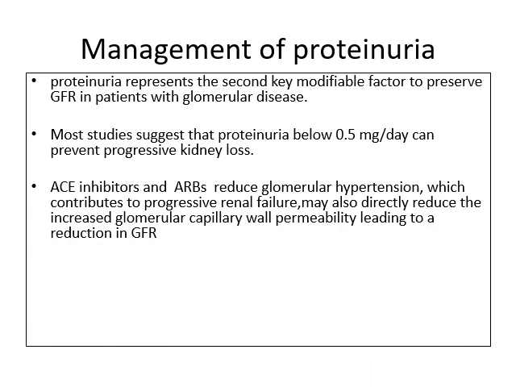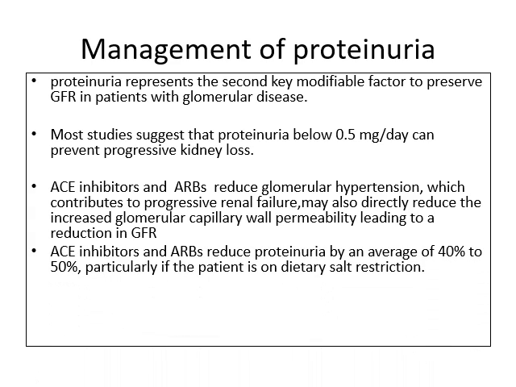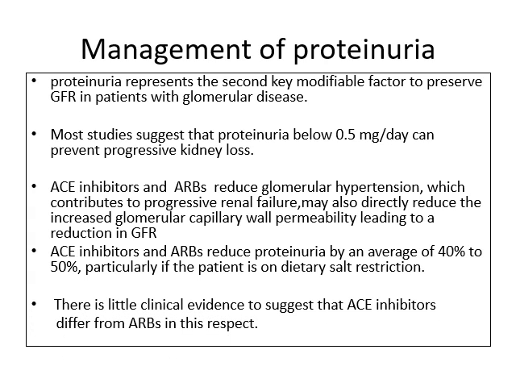ACE inhibitors and ARBs reduce the intraglomerular blood pressure, reduce the glomerular hypertension, which can contribute to progressive renal failure. ACE inhibitors and ARBs in previous trials succeeded to decrease the proteinuria by an average of 40 to 50%, and there is little evidence that ACE inhibitors differ from ARBs in this respect.